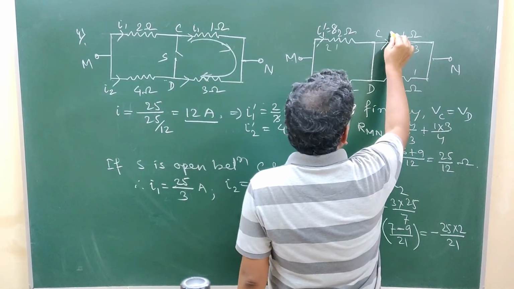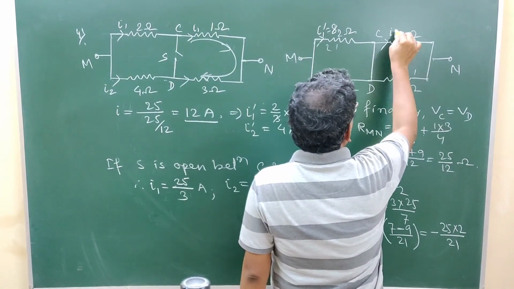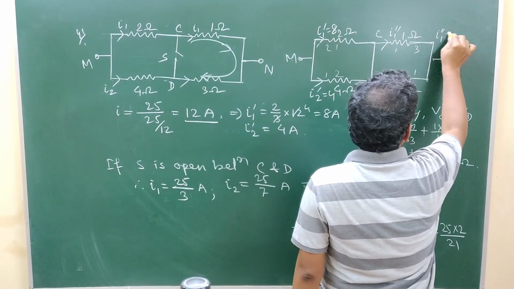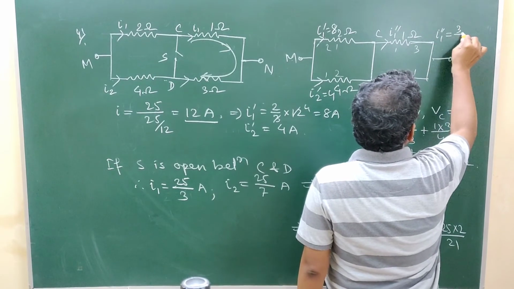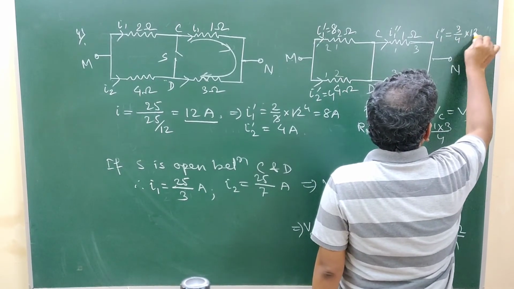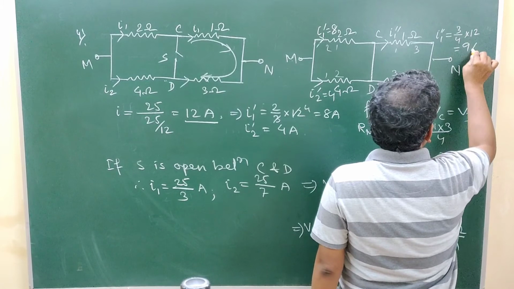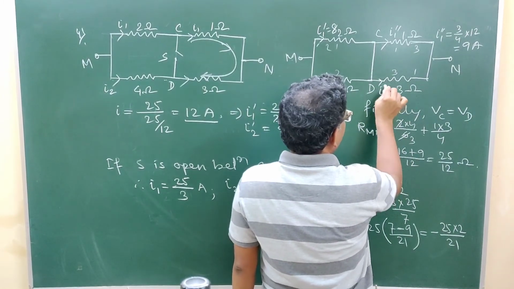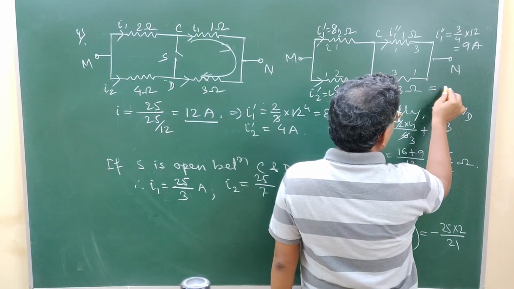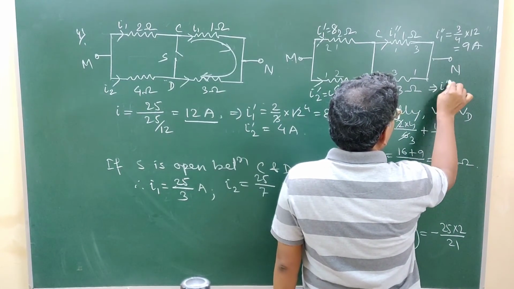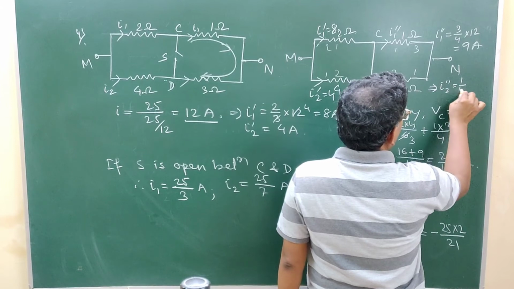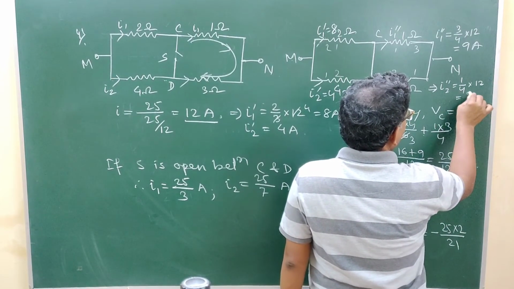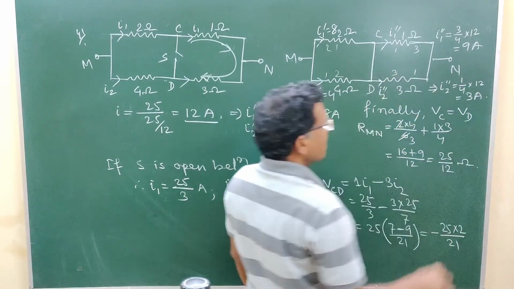So in this part now it will be I1 double dash, and that I1 double dash in new calculation should be 3/4 of 12. That means 9 ampere. And in this branch, if I consider it I2 double dash, so that I2 double dash will become 1/4 of 12. That means it is simply 3 ampere.